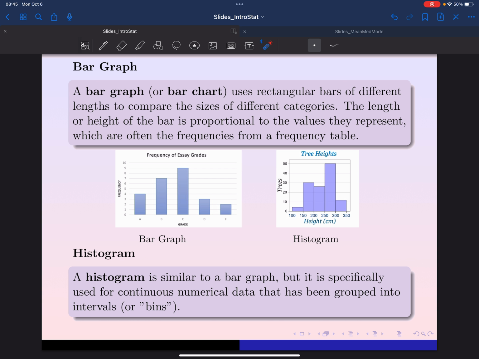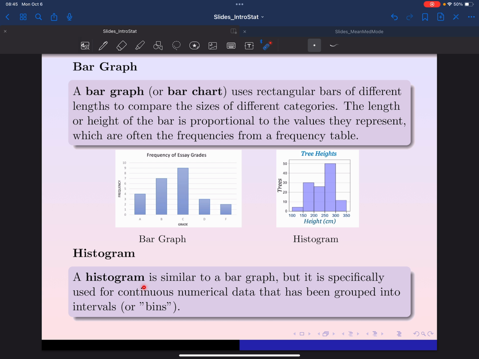Here are the grades, here is frequency. Letter A, 4 students received, so we draw the bar for 4 students. Grade B, 7 students received, so B shows up 7 times. Grade C was received by 9 students, and grade D was received by 3 students.